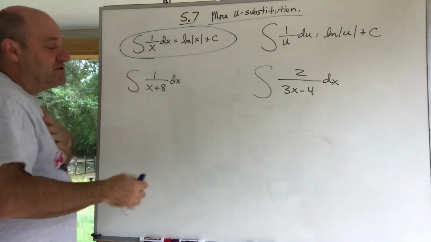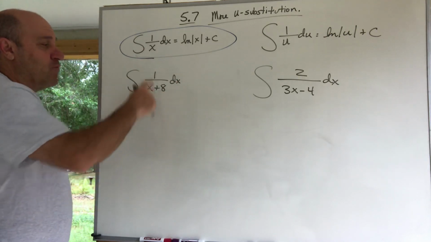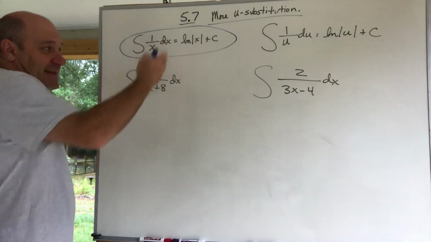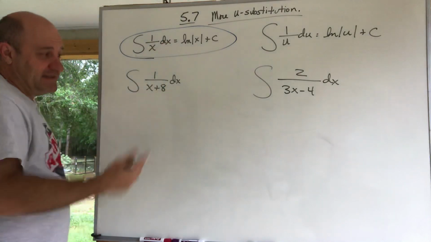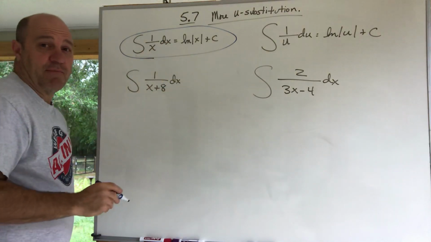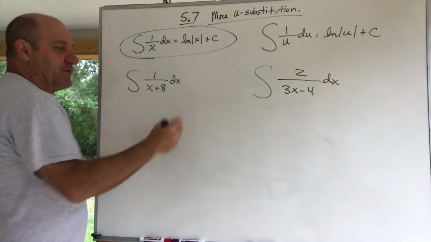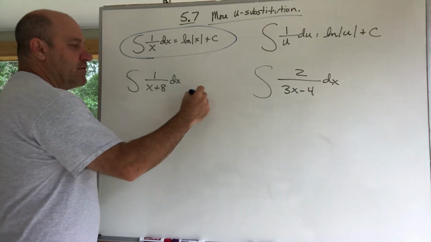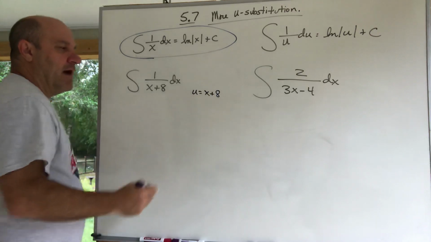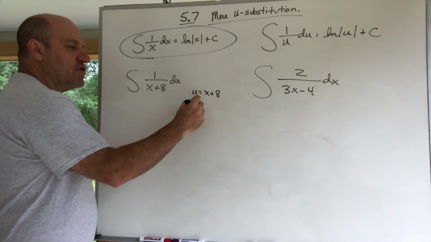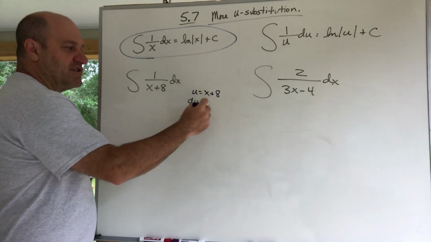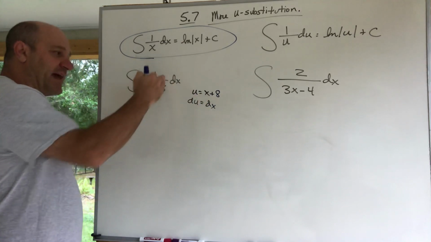Okay. So here's this problem. 1 over x plus 8 looks kind of a lot like that, but it's different. Technically, it's a U substitution problem. It's not a very interesting U substitution problem. Watch this. You let u equal the x plus 8. Immediately, you should find du. Du is the derivative, which is a dx. You replace all this stuff.